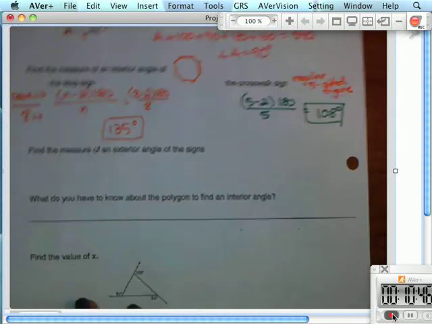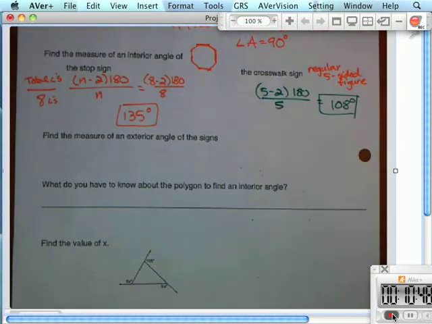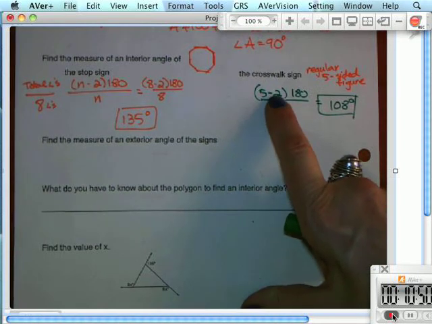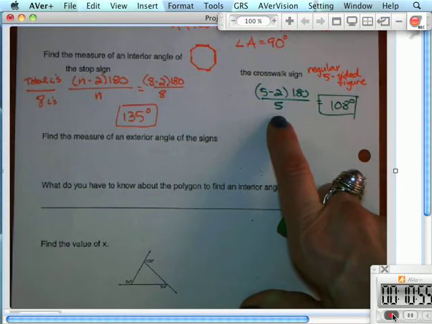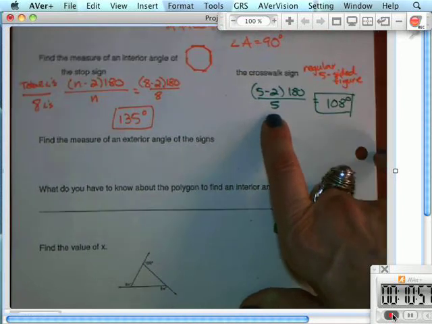Total number of sides, take away 2 times 180 gives me the total angle sum, divided by 5 equal angles, and I get 108 for each angle.